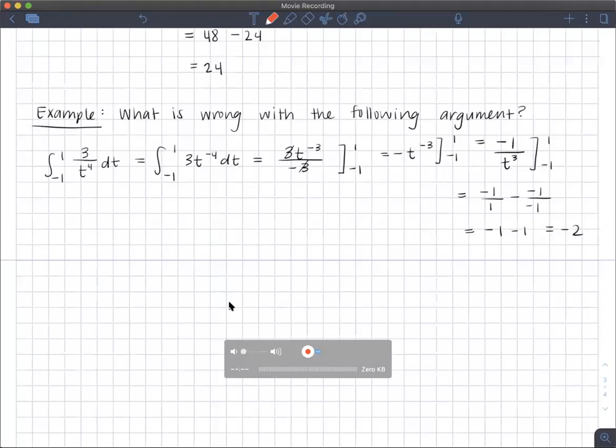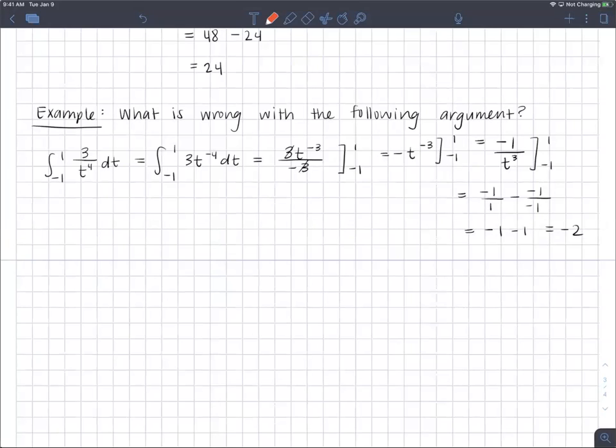So yeah, the issue is that you can only use the second part of the fundamental theorem of calculus if your function f of x is continuous on your interval from a to b, so from -1 to +1.